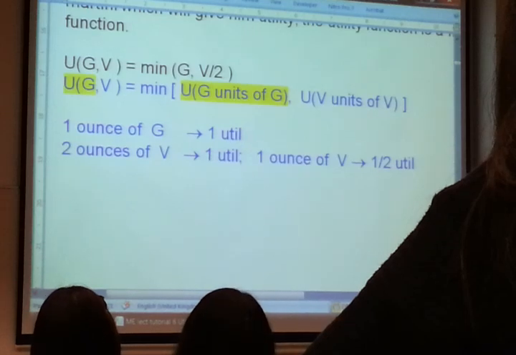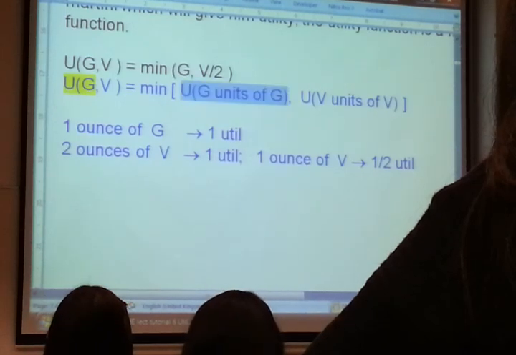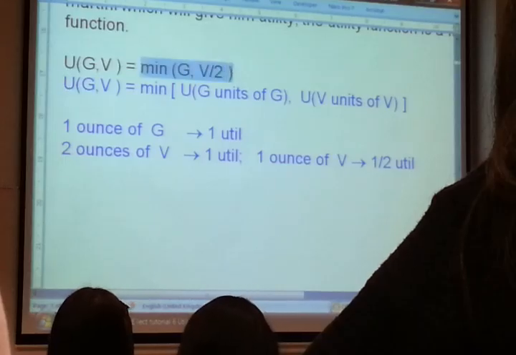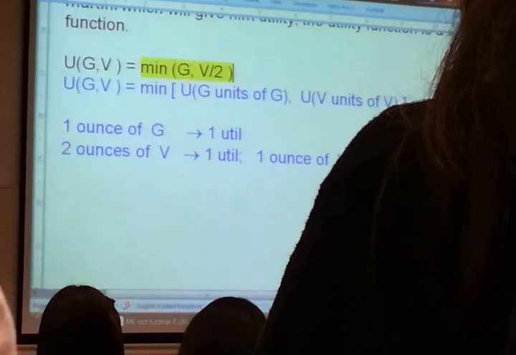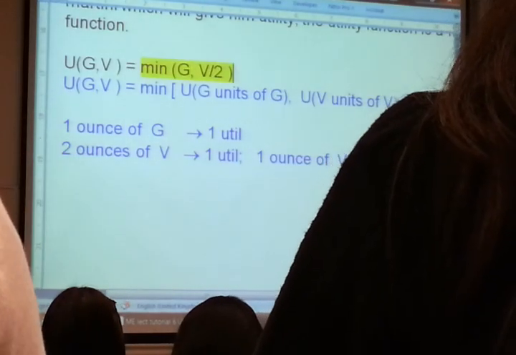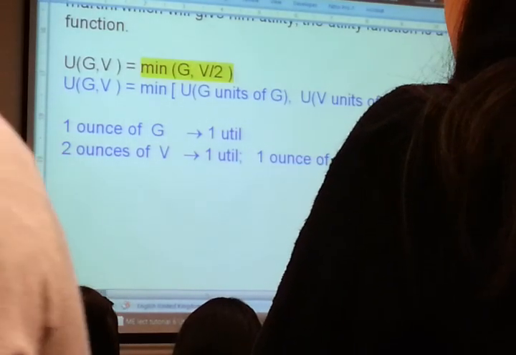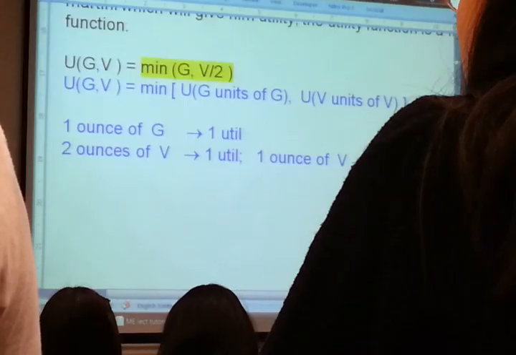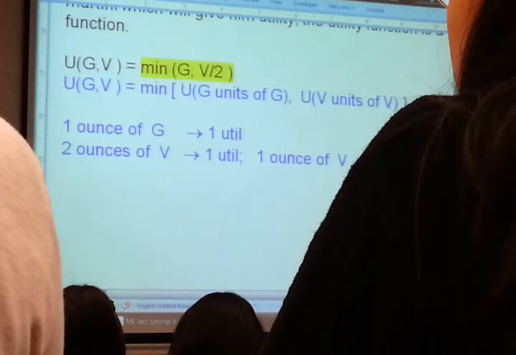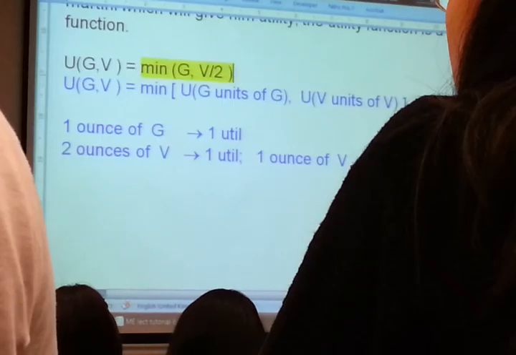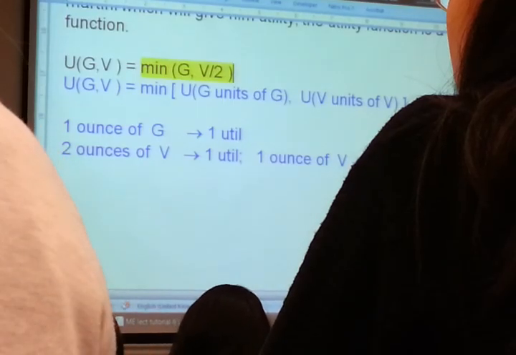I think now you understand why the answer is this. Can you figure out now why the answer is this? This is the utility function. Figure it out. So very straightforward, right? It's the lower of the two utilities.